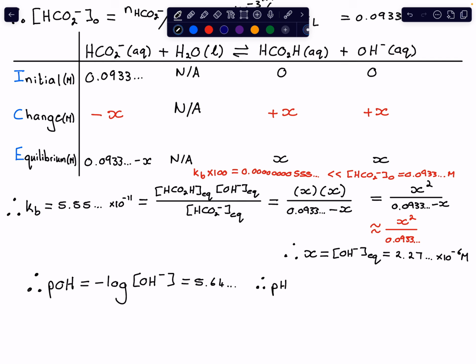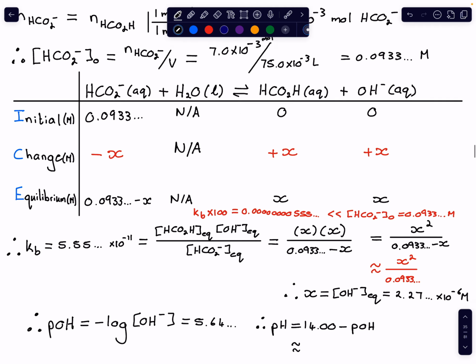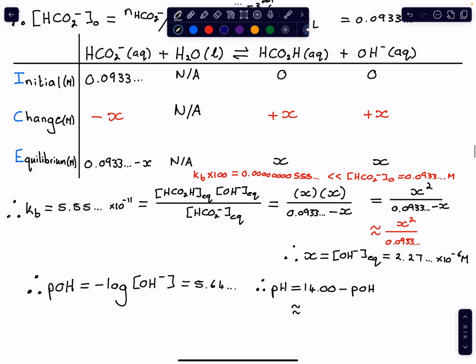So that means pH is equal to 14.00 minus pOH, which we need to round to two significant figures, because the Ka and the formic acid, everything, has two significant figures right through here. So that's 2 decimal places for the pH, 8.36.